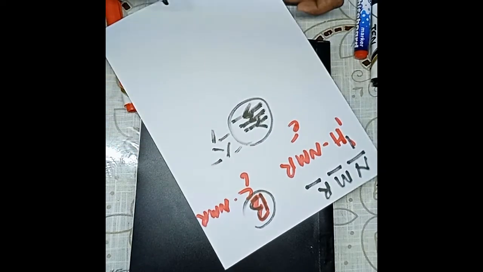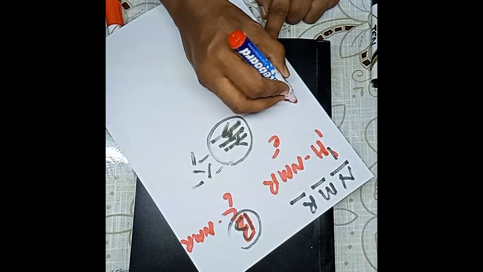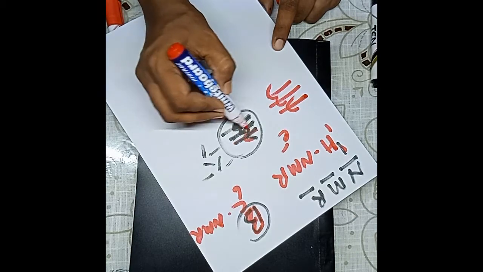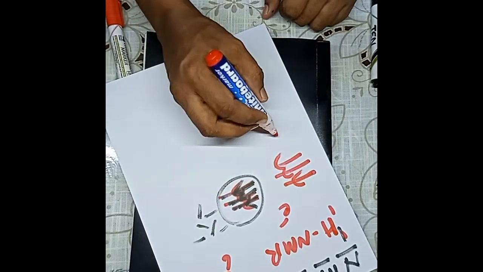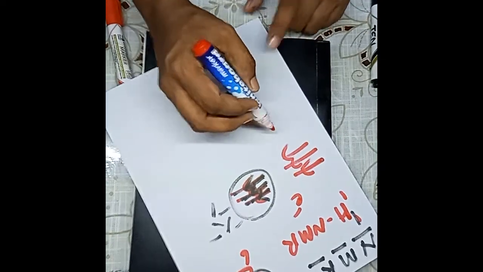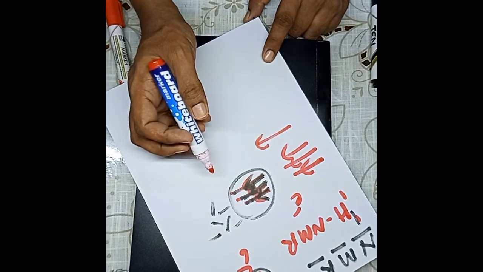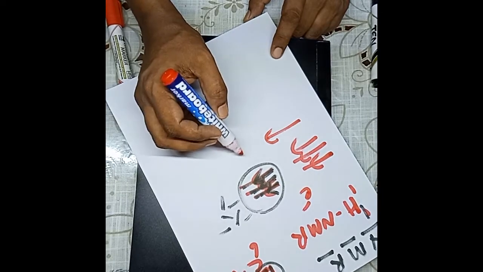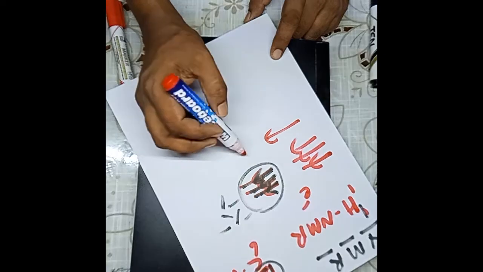But when an external magnetic field is applied, it may align with the external magnetic field. I will take an example. Suppose an enemy or a set of enemies reaches you to attack you.